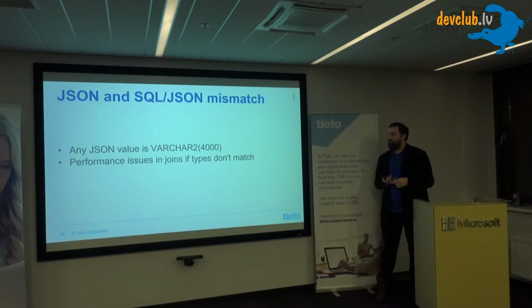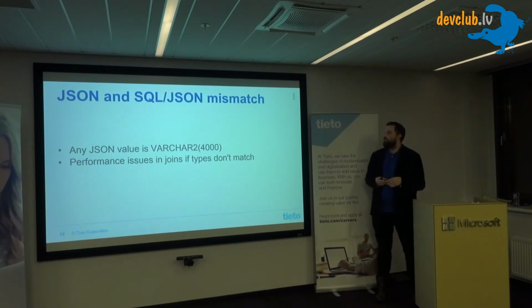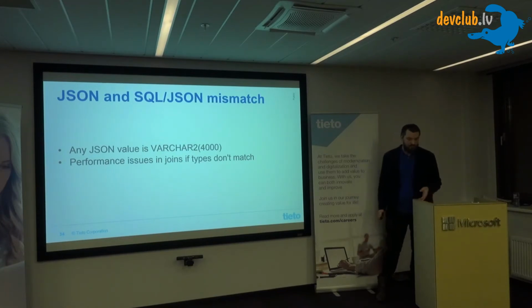It's not a huge problem, but it can cause performance problems if you do joins using a field stored in JSON and some regular table where the types don't match. Let's say some other primary key is an integer instead of a string, then it causes performance issues.